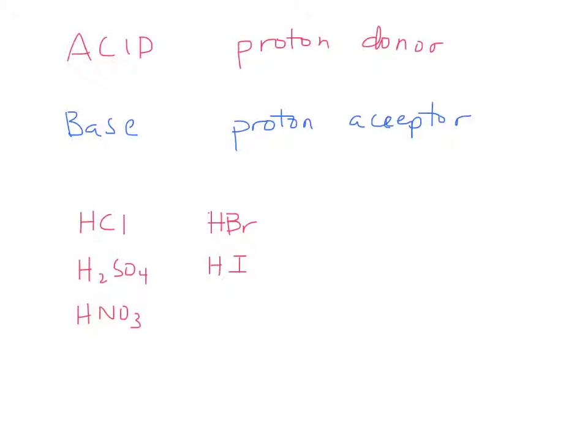What that means is that the equilibrium position for these acids lies so far to the right, to the product side, that essentially they dissociate 100%. So when we say something is a strong acid, that means that it dissociates 100%. So for every molecule of acid, we're getting a proton that's available.